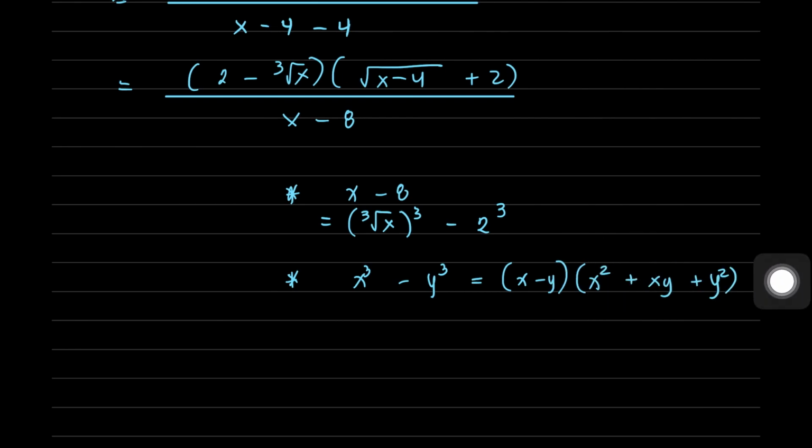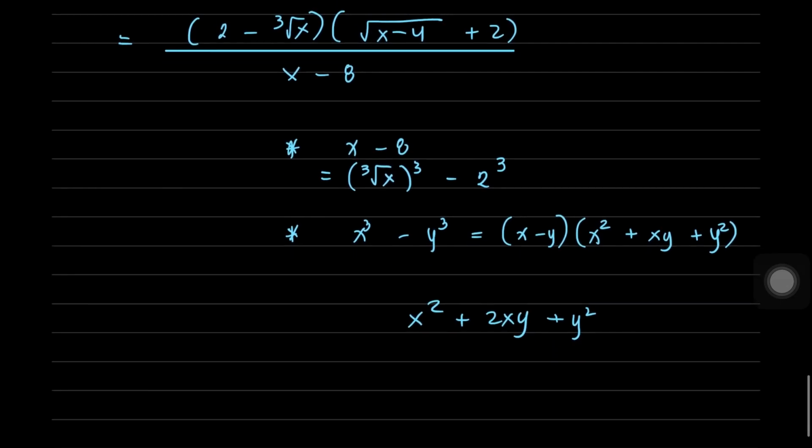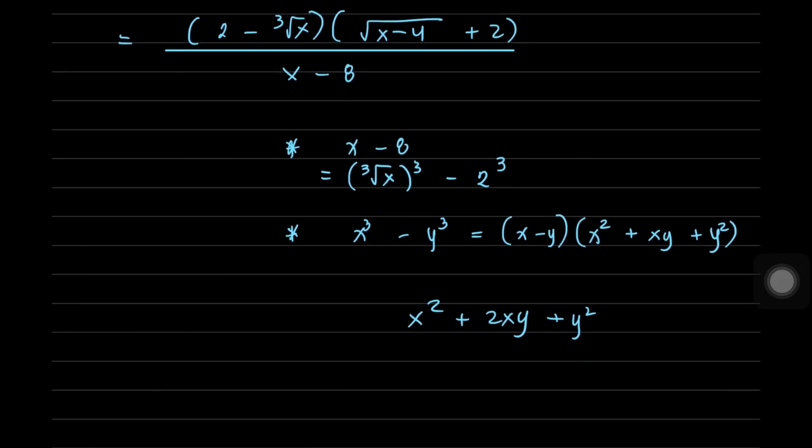A perfect square trinomial is x squared plus 2xy plus y squared. This is called a perfect square trinomial because it can be factored to x plus y quantity squared. Now, x squared plus xy plus y squared is not a perfect square trinomial.